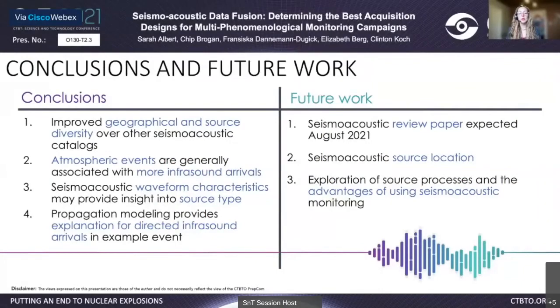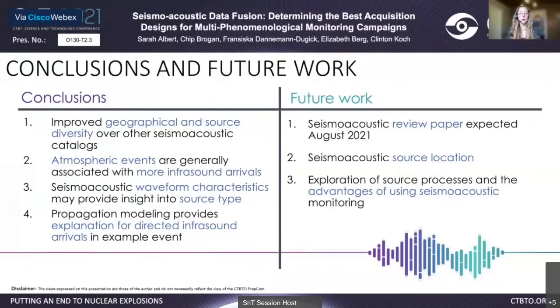So to summarize what I've shown today, first, we've created a seismoacoustic catalog that's robust and state-of-the-art. It has improved geographical and source diversity over others that were previously developed. And we also noted that atmospheric events like bolides and rocket launches are generally associated with more infrasound arrivals.